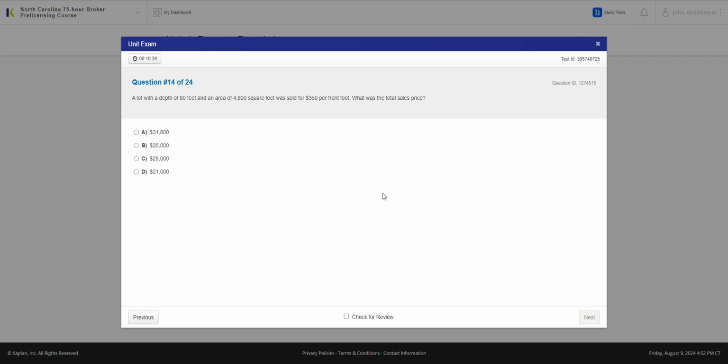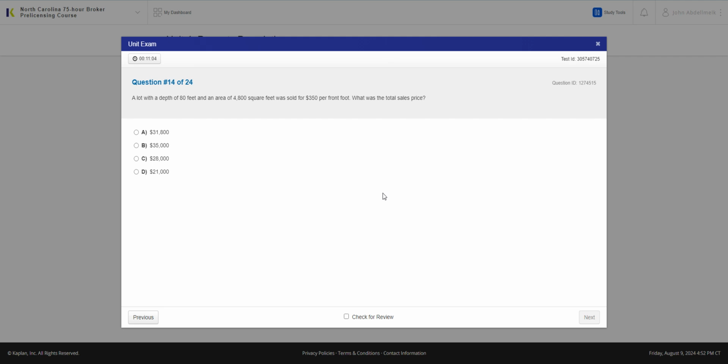Okay, so if we have the area, we'll use the formula backwards, since we already know that we need to get the front footage. We have the area and we have the depth. So what we will do is take the 4,800 square feet divided by 80, and that's going to give us 60 feet of frontage.